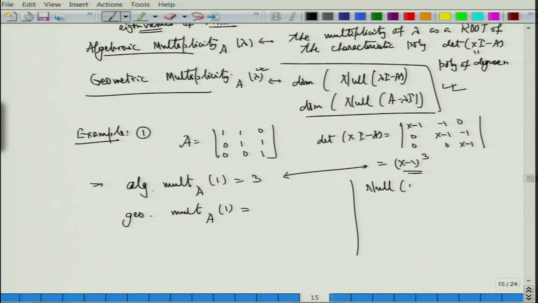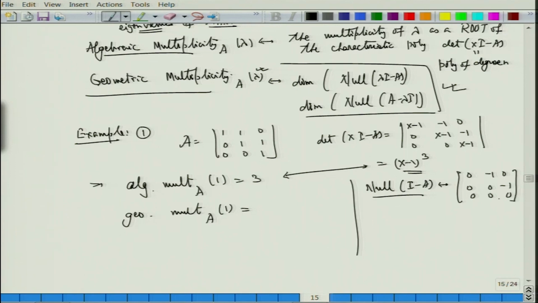So, I am supposed to look at the null space of I minus A. So, this corresponds to the matrix, replace x by 1 here. If I do that, 1 minus 1 is 0, minus 1, 0, 0 0 minus 1, 0 0 0, all right.